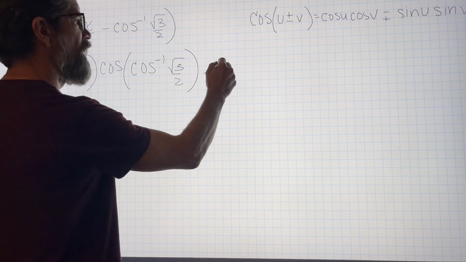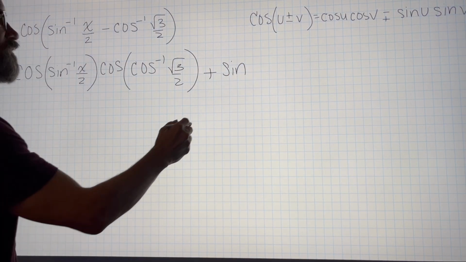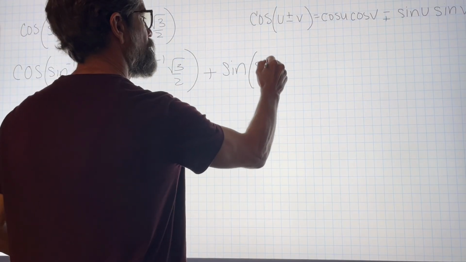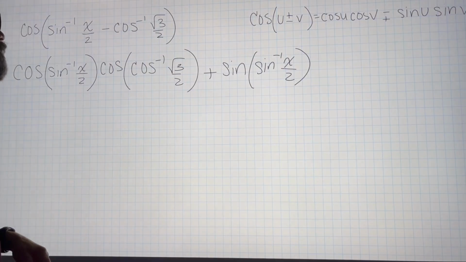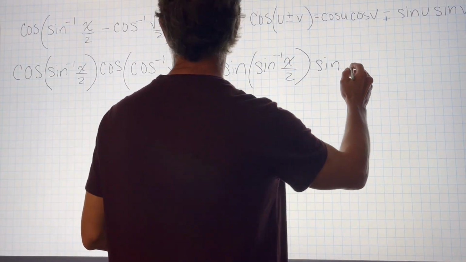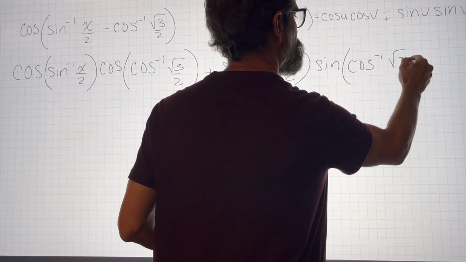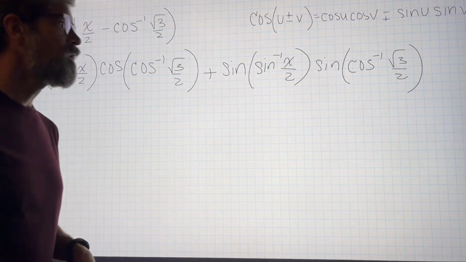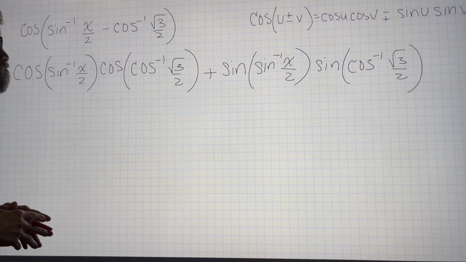And then we'll go sine of the first angle, inverse sine of x over 2, and the sine of the second angle. Okay, then we just have this big expression that we want to simplify.